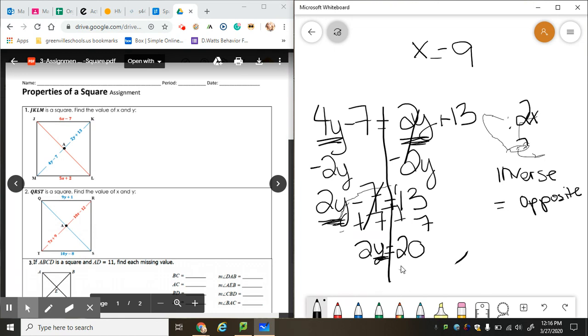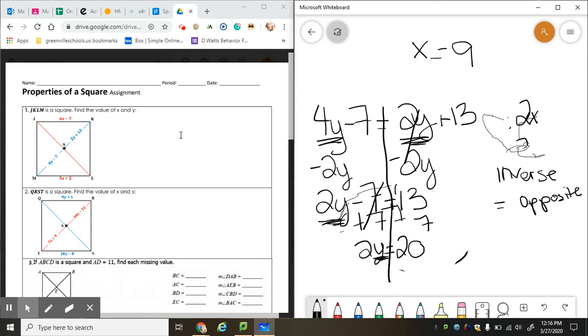And then 20 divided by 2 is 10. So you have an answer for y. The answer for this one would be x equals 9 and y equals 10.